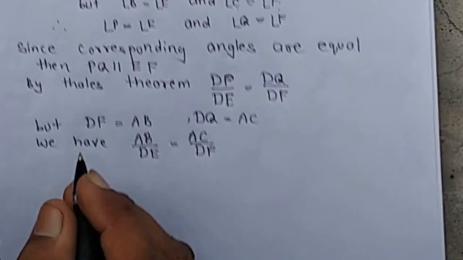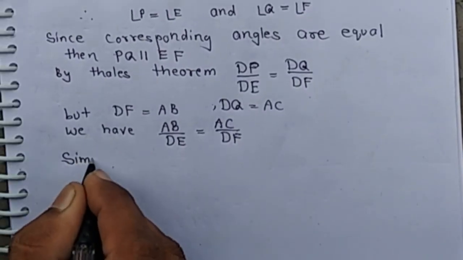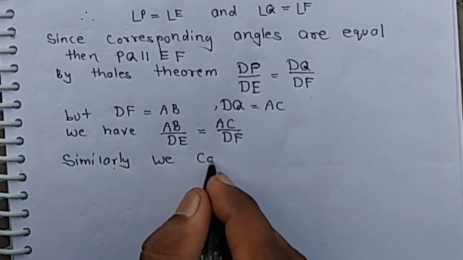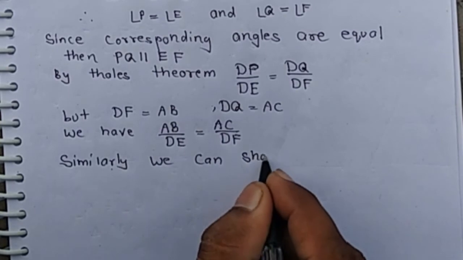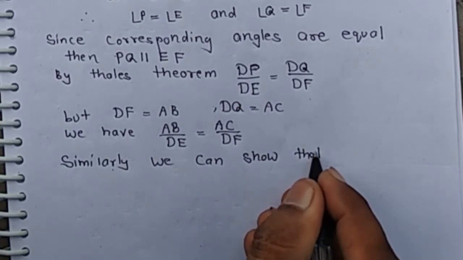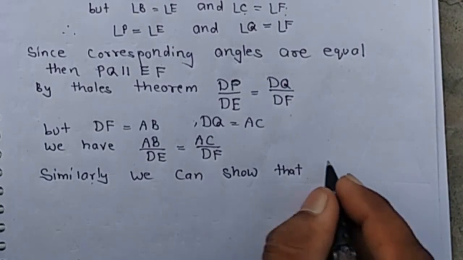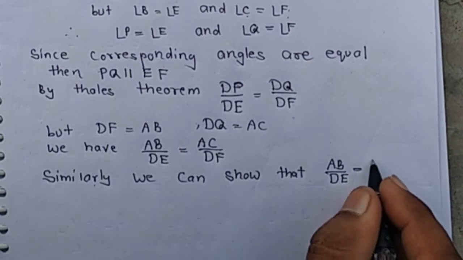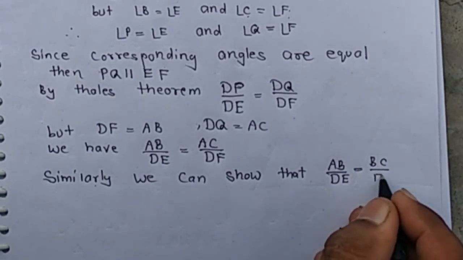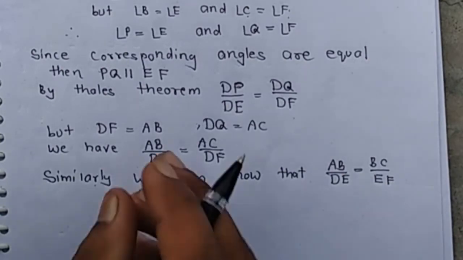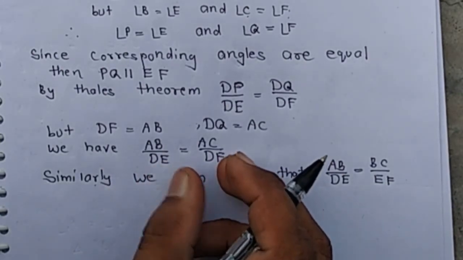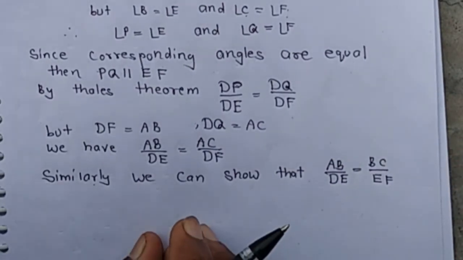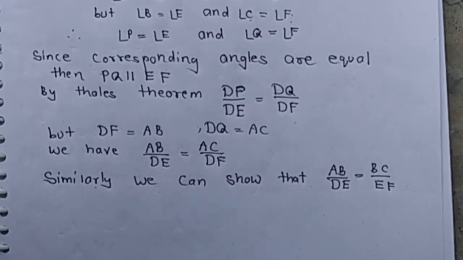Similarly, we can show that AB by DE is equal to BC by EF if we take side BC instead of AC.